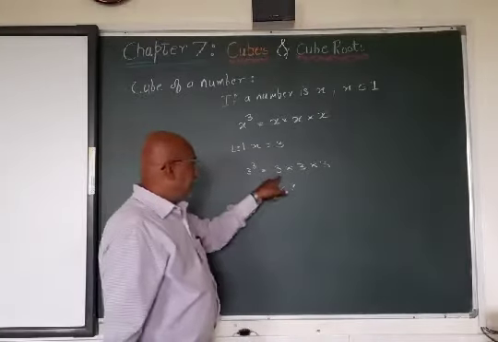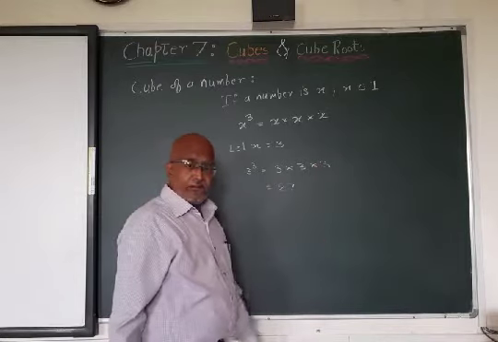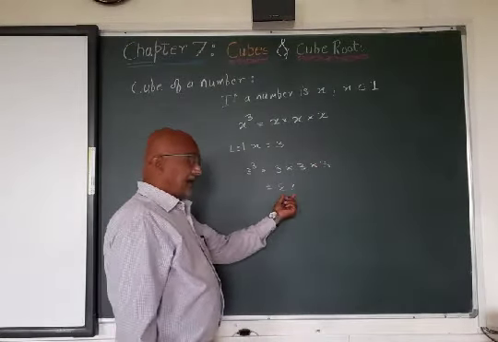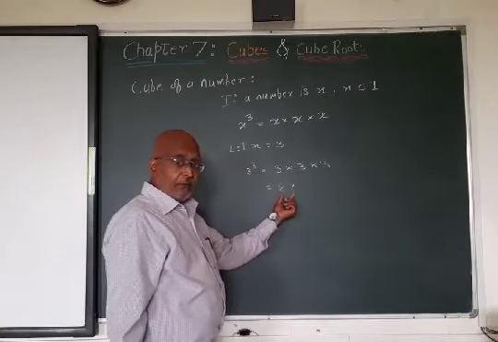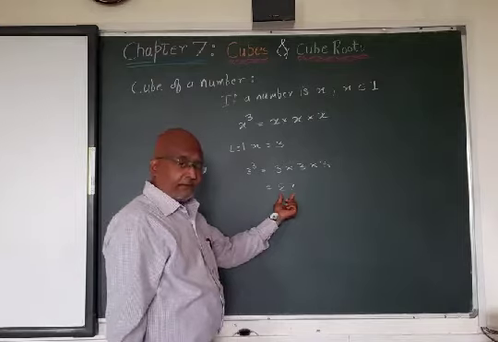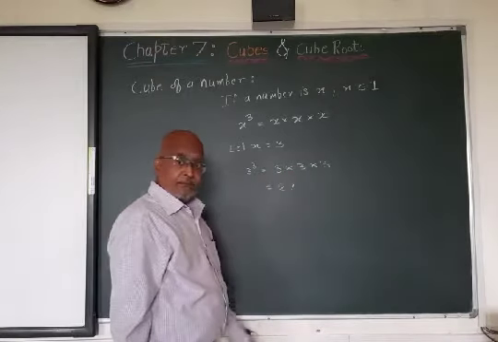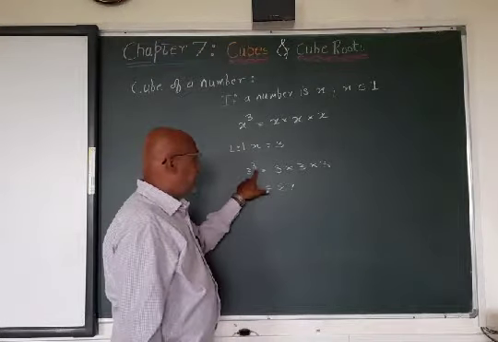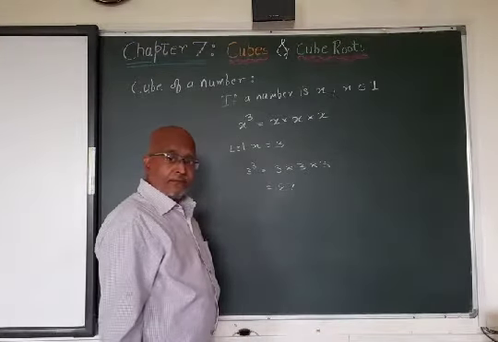Now see here, these all three are the prime numbers. So if we factorize 27 by prime factorization method, we'll get this. And from this, you can say that 27 is the cube of 3.